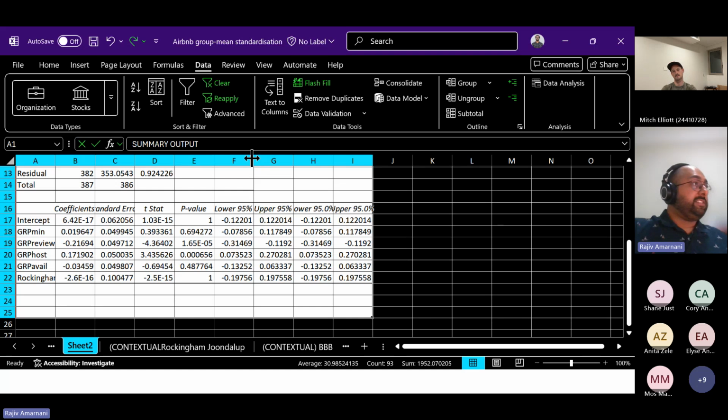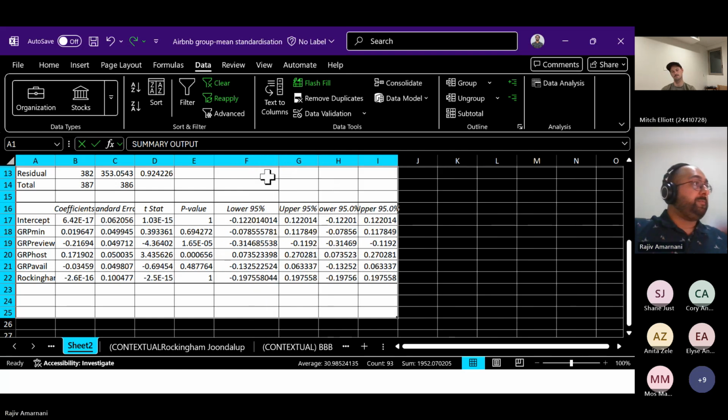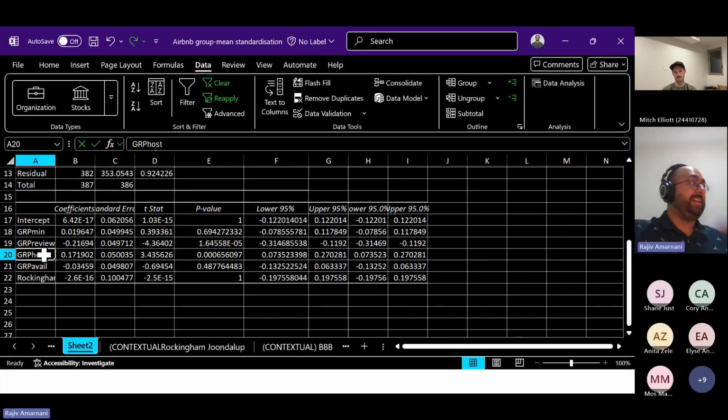What we find is not really a lot, actually, but we find this fairly similar, that the number of host listings and the number of reviews still predicts price: more reviews, cheaper. The more host listings, the more expensive. And it's also relative to the suburbs.